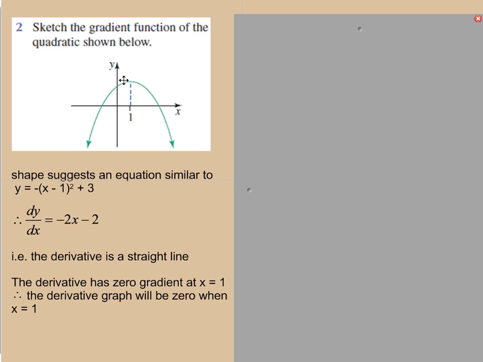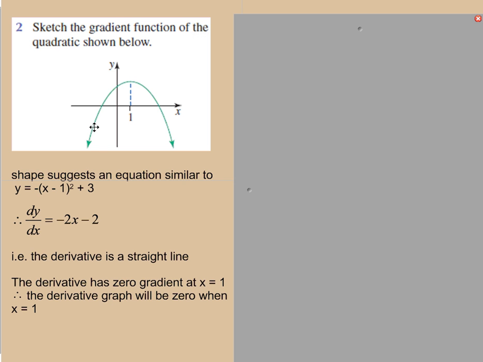We don't know what the y value is, so I'm just guessing there, but it's going to be of that form. So when we take the derivative of that, we get negative 2x plus 2. If we put that equal to 0, that would tell us that the gradient is 0 at 1, which is what this is showing here.